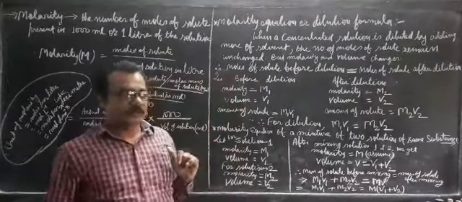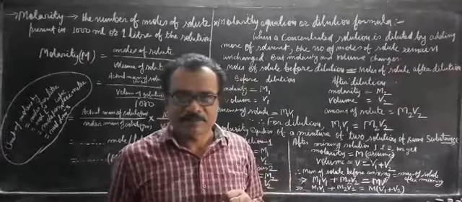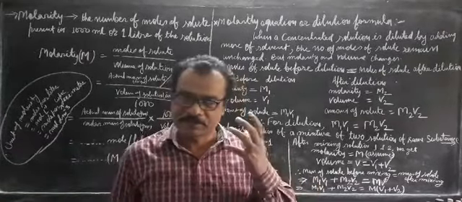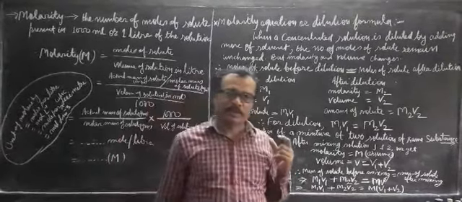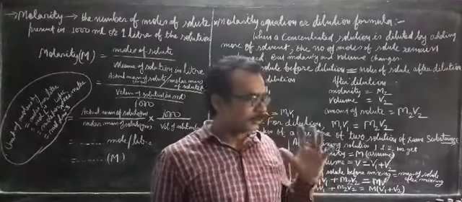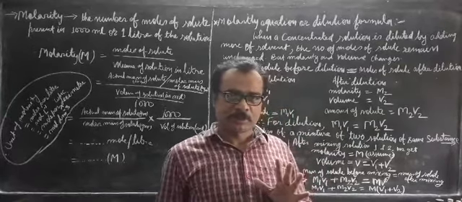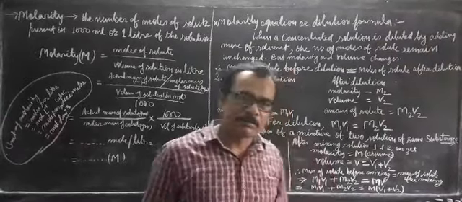But you know that in the laboratory, or even in industry, we take the chemicals from the market. From the market we get everything in a concentrated form. But the concentrated chemicals are not always utilized.